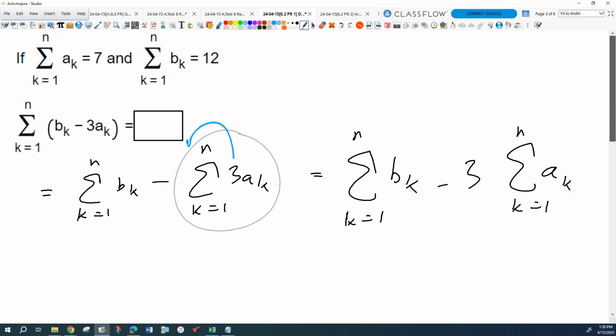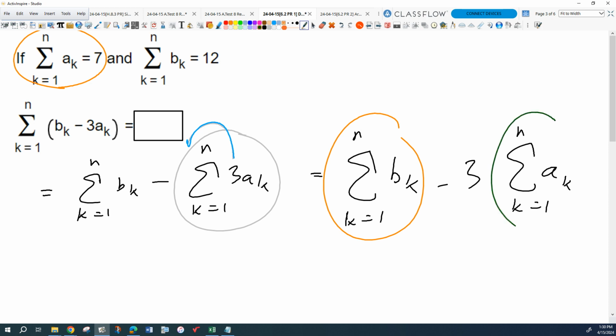And what do we know about those sums? Well, they told us what they are. This guy right here is 7, and this sum right here, they told us what that is. It's 12.